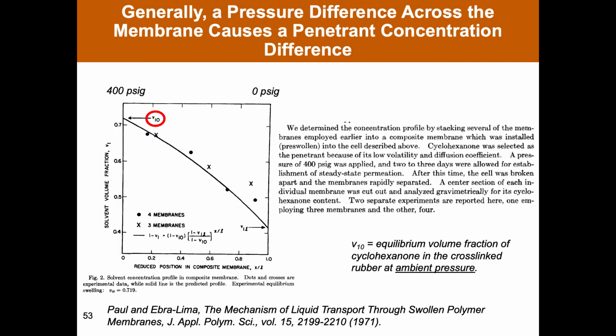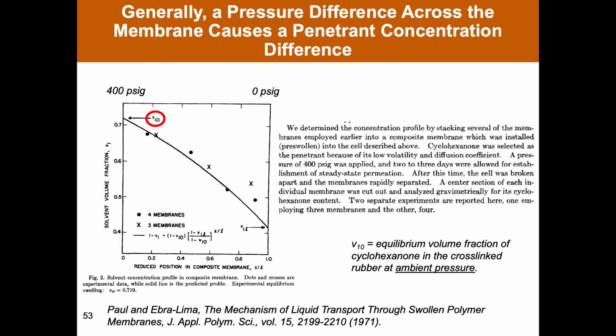And this has ultimately gone on today and is now a fashionable research area known as organic solvent nanofiltration. So using hydrostatic pressure to drive organic solvents through membranes as a way of separating mixtures of organics without having to boil them or to use phase transformation to do that.